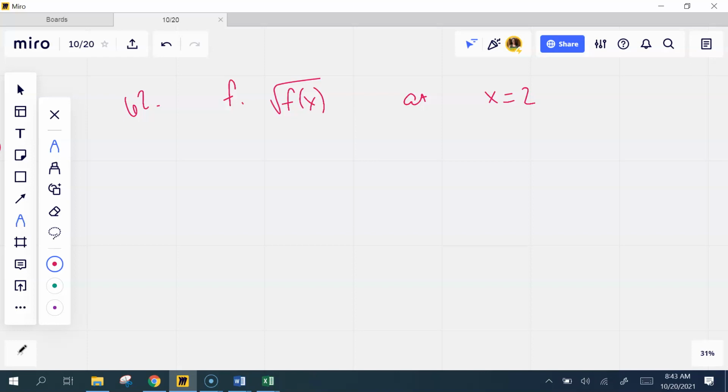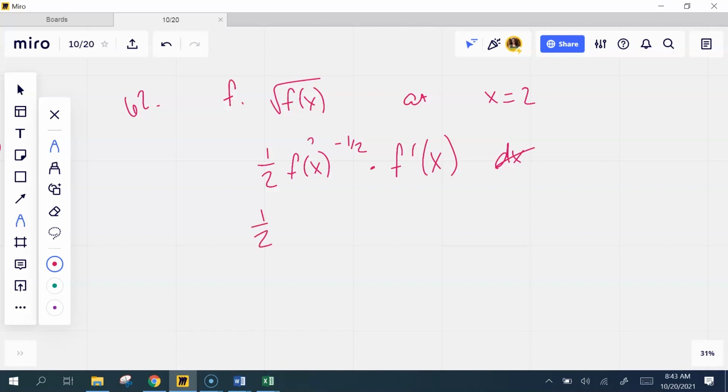Okay, so I would do power rule first, 1/2 times f of x to the negative 1/2. Then I have to chain rule it, right. But in this case, since x is just a value, it's just going to be 1. So here I have 1/2.